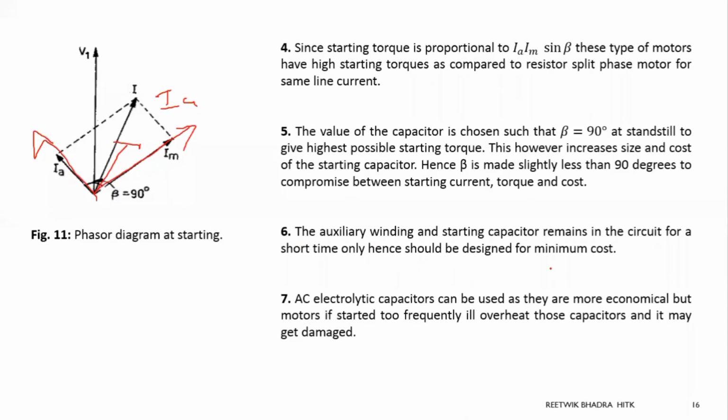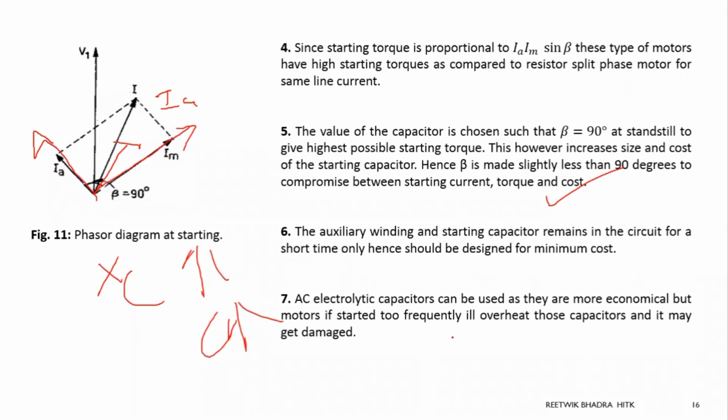Okay, you go through these statements over here, why beta is given. Now, as you go on increasing, how will you get this angle beta? So XC should be increased, right? As XC will increase, your capacitor value will also increase.